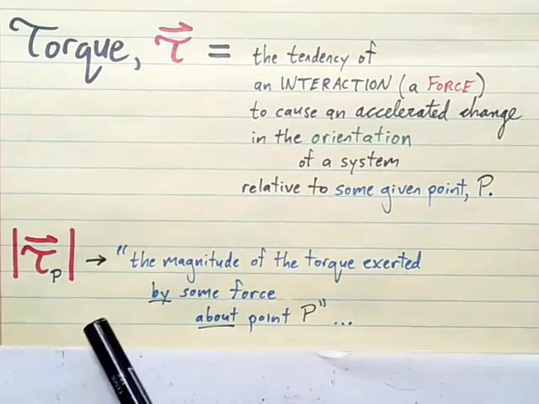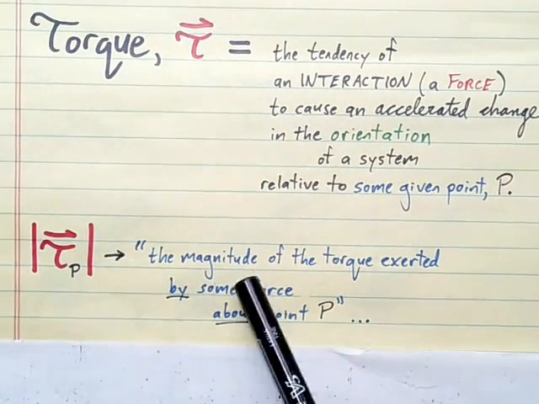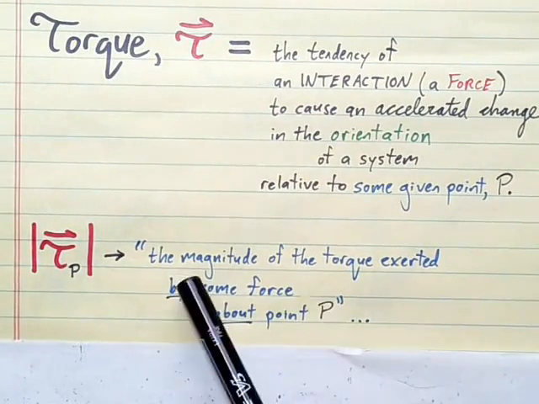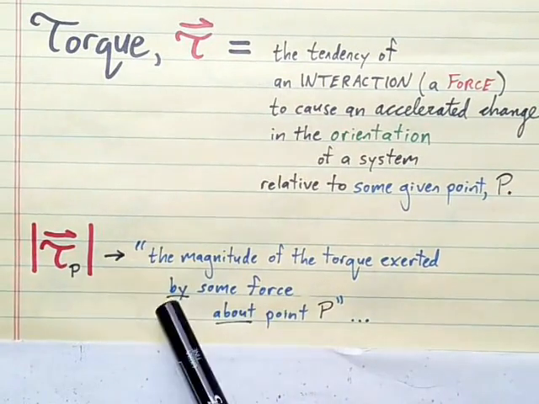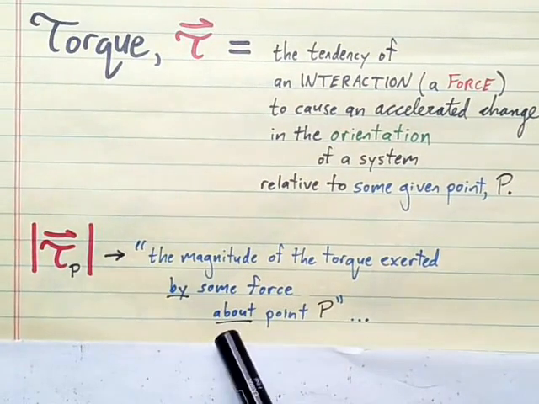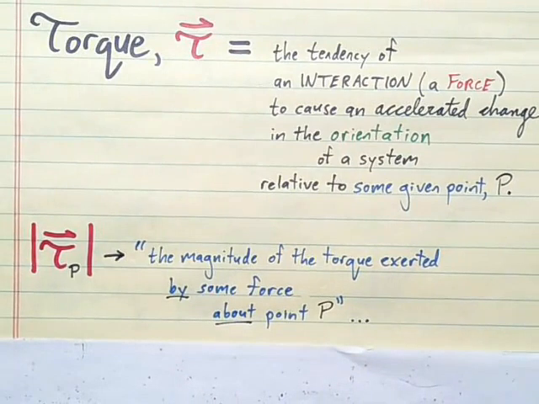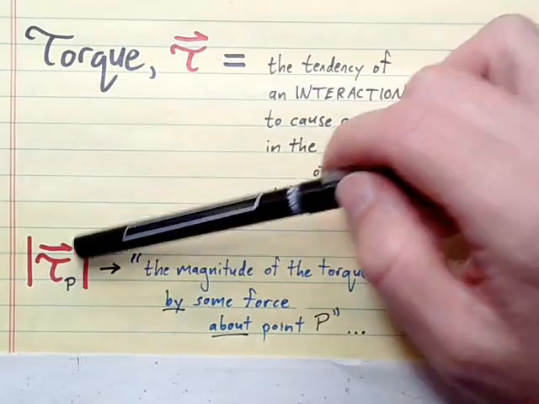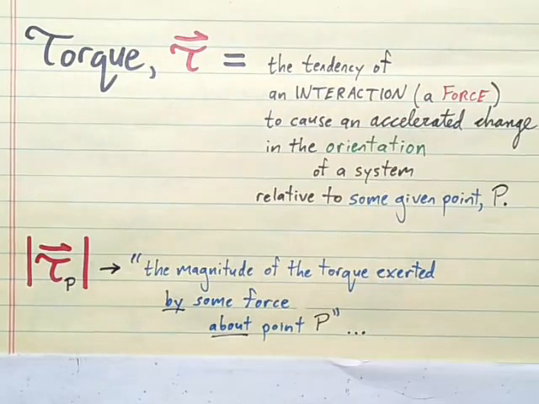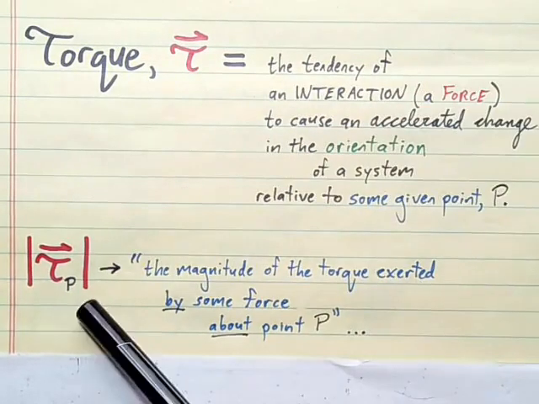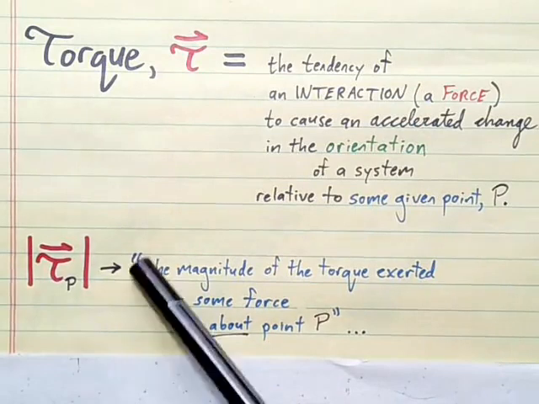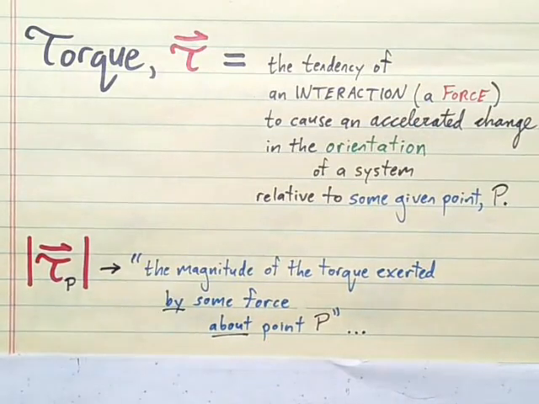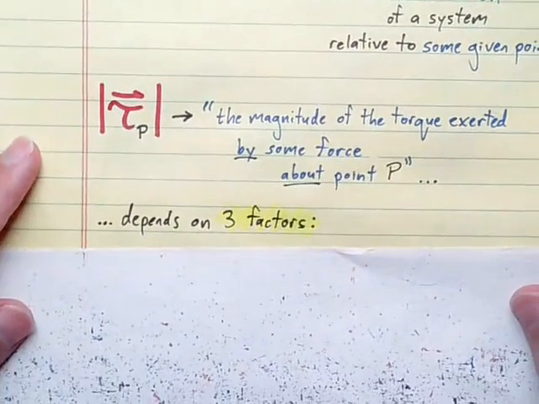So by this symbol, we mean this expression: the magnitude of the torque exerted by some force about some point of rotation. You'll have noticed by this harpoon symbol that we're representing torque as a vector. More on its vector nature later. For the moment, let's just focus on what we mean and how to compute the magnitude of a torque. It depends on three factors.